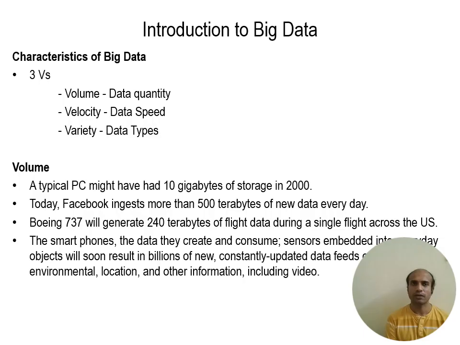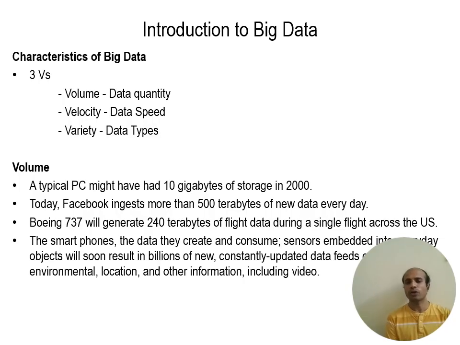So, with that said about the basic definition of big data, let us move on to the characteristics of big data. So, when we say characteristics, you can remember it as three V's. There is volume, velocity, and variety.